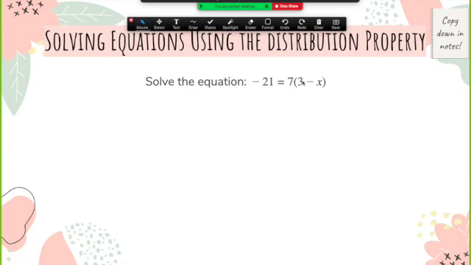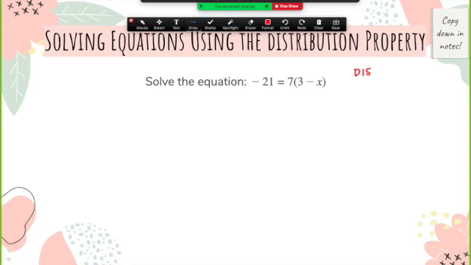Now, whenever we see that we have a number next to parentheses, if we ever see a number that is multiplying with parentheses and it has two terms in it, right here we have positive 3 subtracting with x, then what we can do here is use the distribution property.